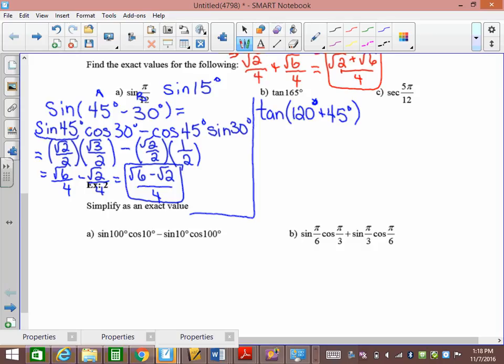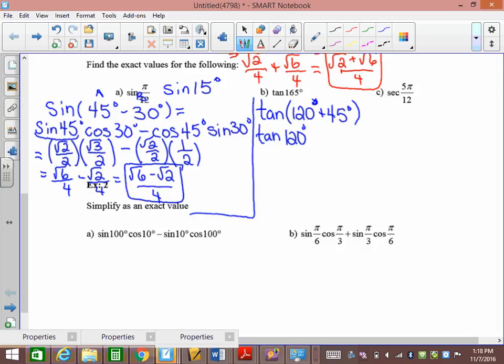So the formula should be in front of you. If it's not in front of you, it's there. It's like at the top too. It's all over the place. It's on the walls. So you're going to do tan of A. So this would be A, this would be B. So you're going to go tan of 120. I forewarn you, this will take up a lot of space.